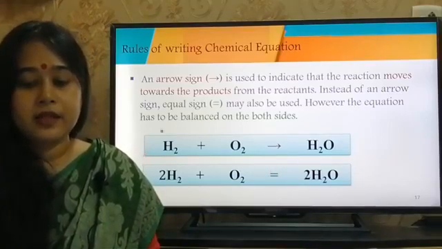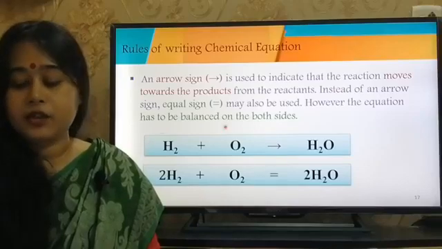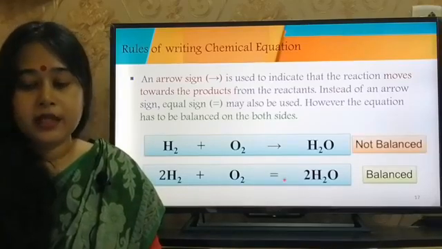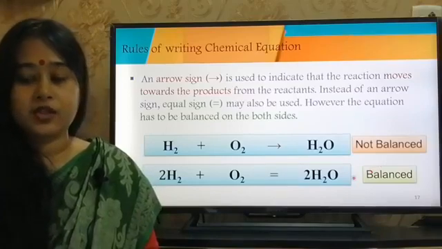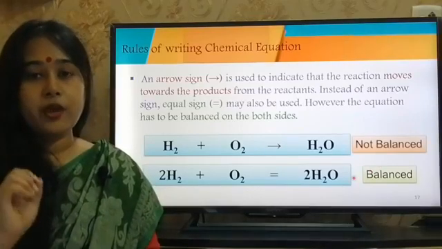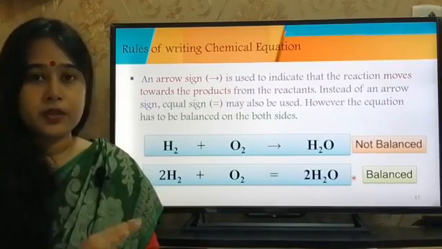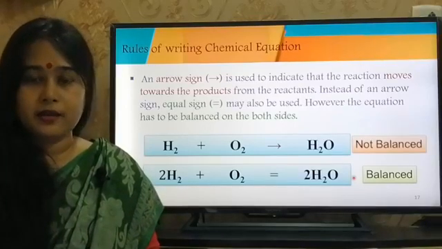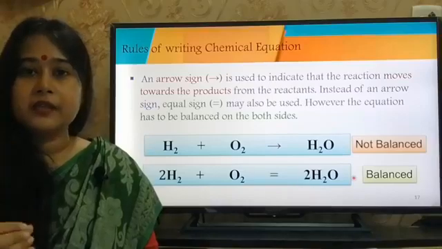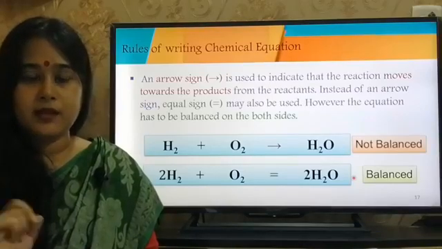That means this equation is not balanced, but this equation is balanced. Why? Whenever we have an equal number of atoms on the reactant part and product part, that means we have a balanced chemical equation.